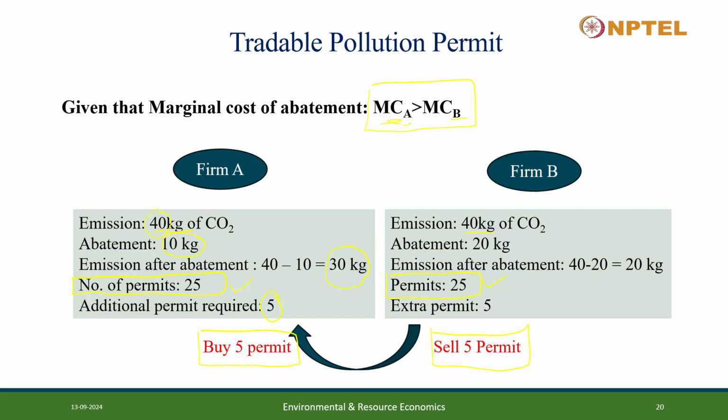So in the case of firm B, the abatement is done till 20 kg, right? So the emission which firm B does is 20. However, it has a permit for the emission of 25. So it has an extra permit of 5 units that will be sold to firm A. So this is how the tradable pollution permit works. Okay.